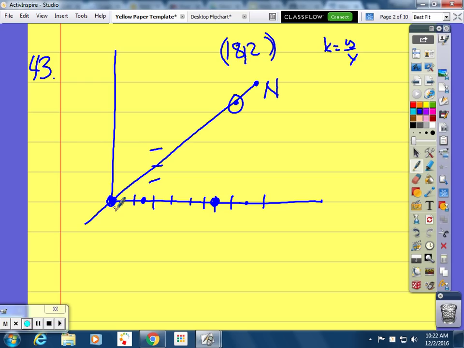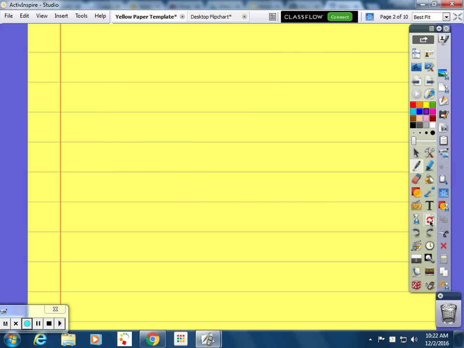Moving on to number 44. 44 says, which expression represents the product of 3 and (5/4 n plus 1/8)?